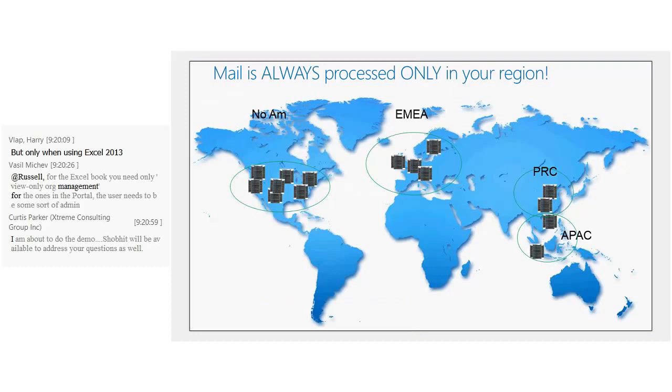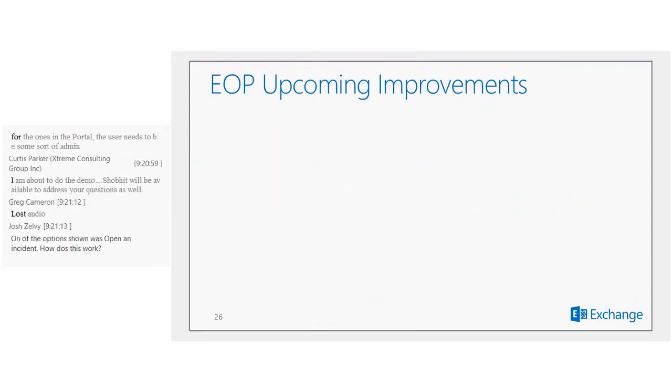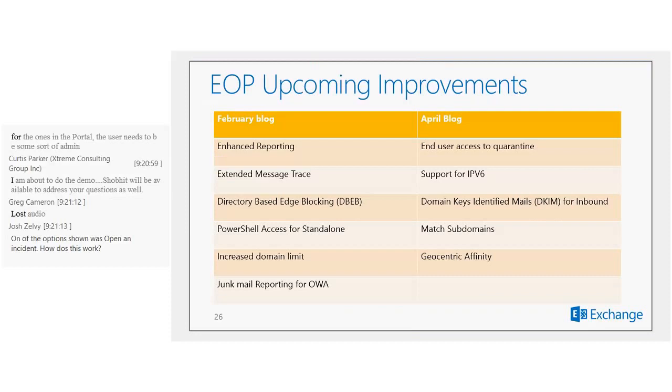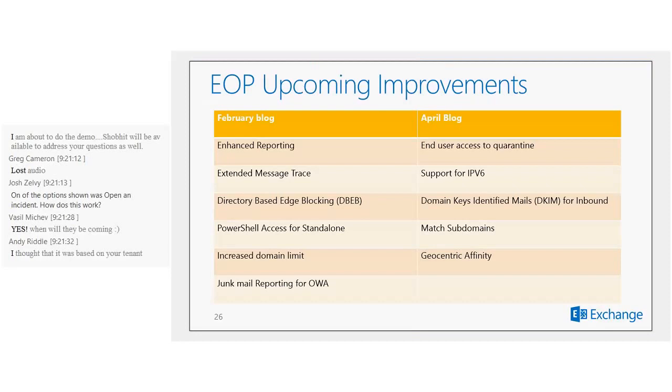With that, I am going to talk about some of the new upcoming improvements. And I think some of you were actually asking this on the IM window. I was trying to hold back. So here's a short list of some of the upcoming EOP improvements, and some of them actually have already been announced through our February blog titled EOP upcoming enhancements. So there's enhanced reporting.